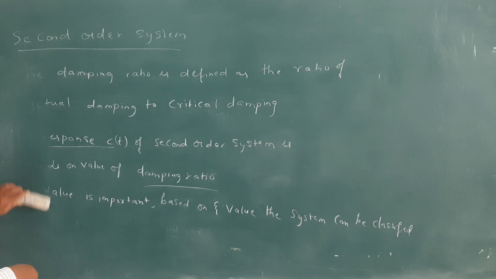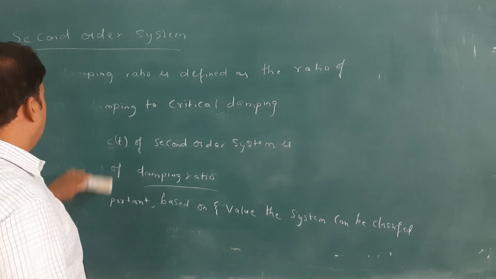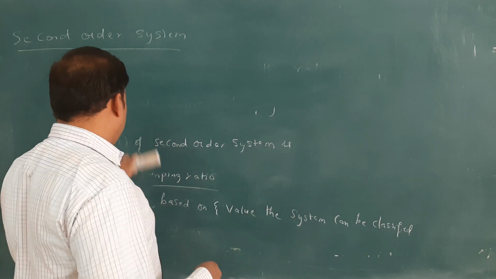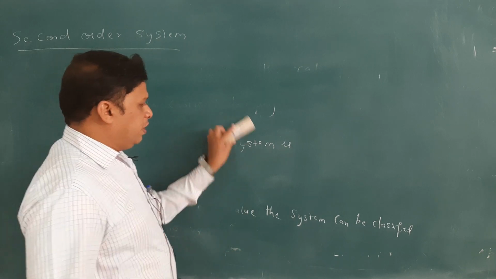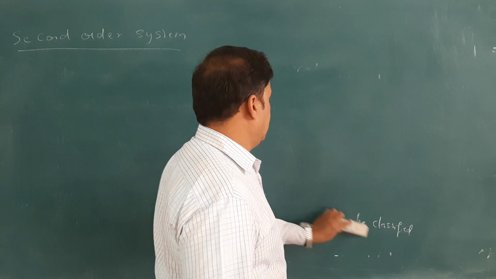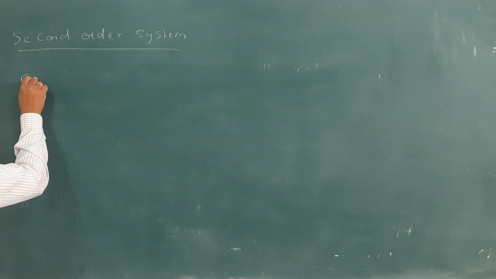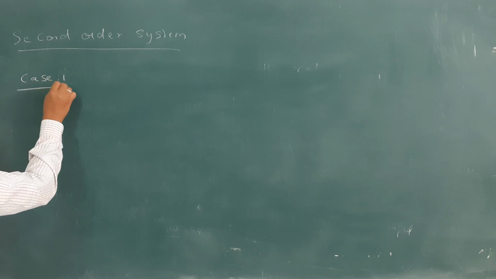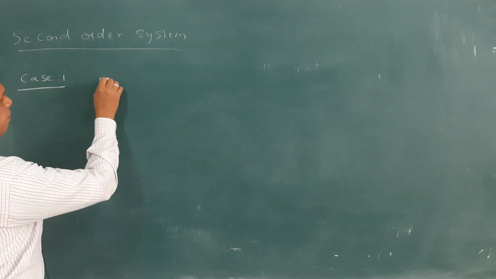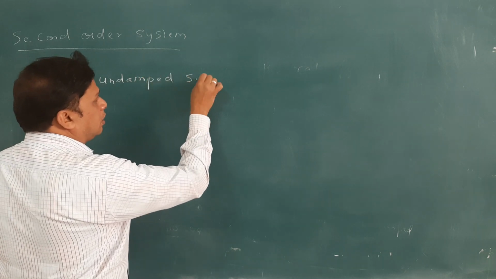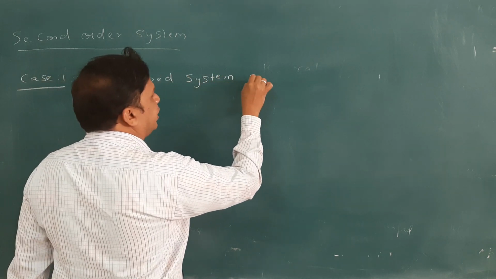So we will start from case 1. Depending upon the value of zeta, they are classified into different types of systems. Case 1: undamped system, then zeta is equal to 0.